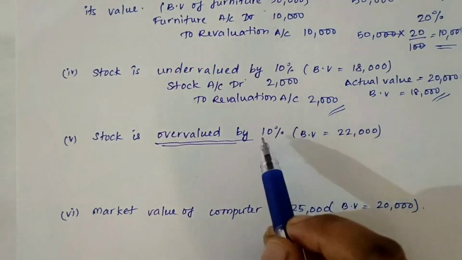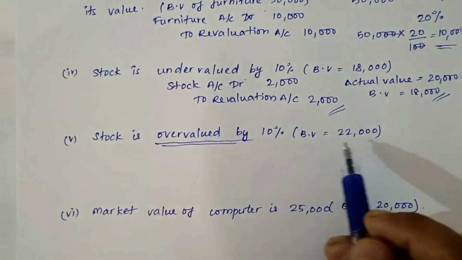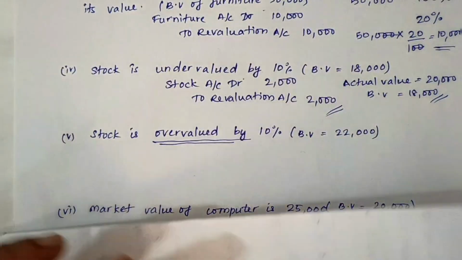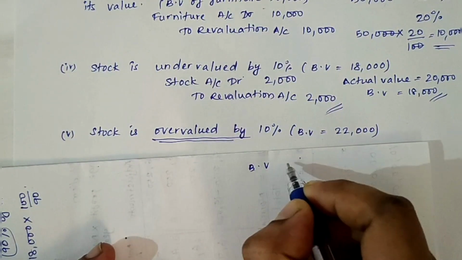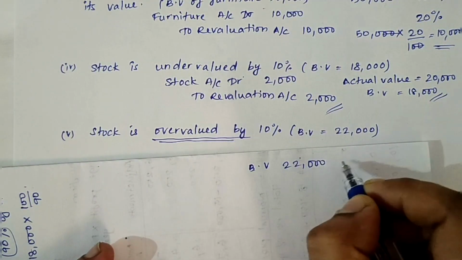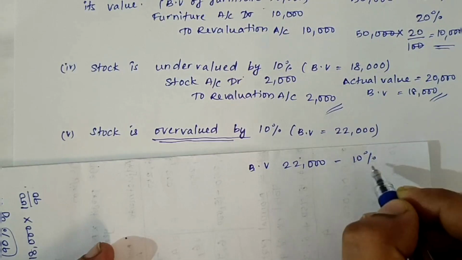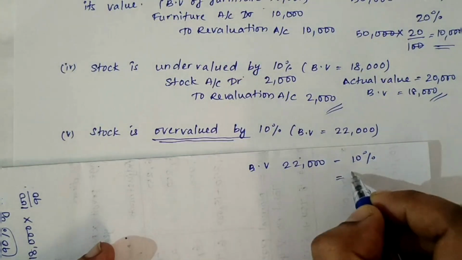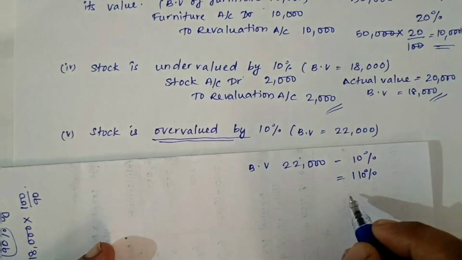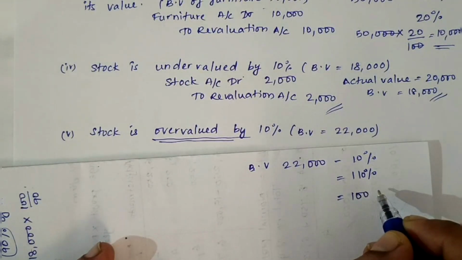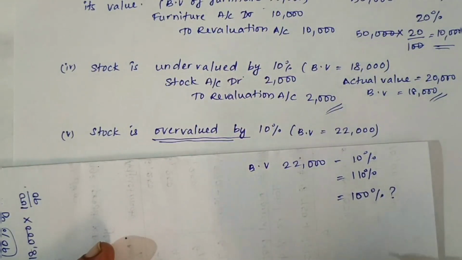For this, we have to find the actual value of stock. So the book value is 22,000, which is 10% more. So it is 110%, and we have to find the 100%.